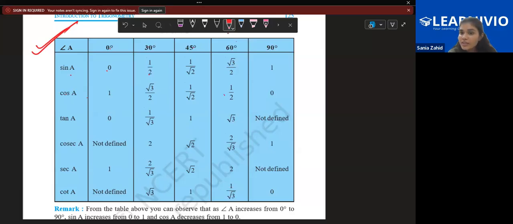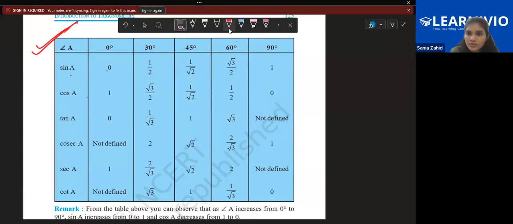Sine 45 degrees is 1 by root 2, cos 45 degrees is also 1 by root 2. See, it's reversing. First I wrote 0, 1 by 2, 1 by root 2, root 3 by 2 and then 1. Then I'm reversing the order: 1, root 3 by 2, 1 by root 2, 1 by 2 and then 0. I'm just reversing the order to get cos A.